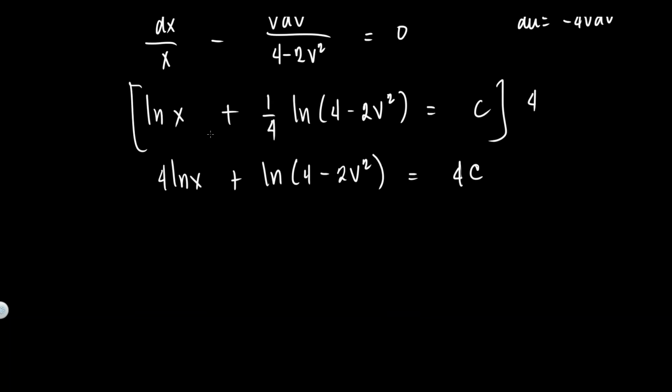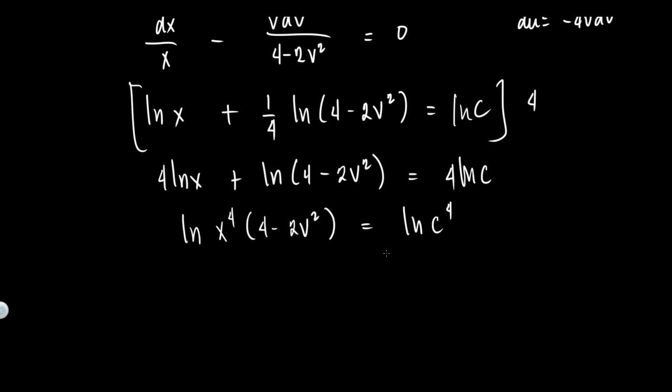Anyways, let's just put that in. Then, sorry, put it here too. Since everything has ln, let's put ln on it also. So let's include it here, so that they look alike. That's ln c also. So this is ln c times 4. Okay. So let's combine these, then raise this 4 to the x. So we have ln of x raised to 4 times 4 minus 2v squared equals ln of c raised to 4, still a constant.